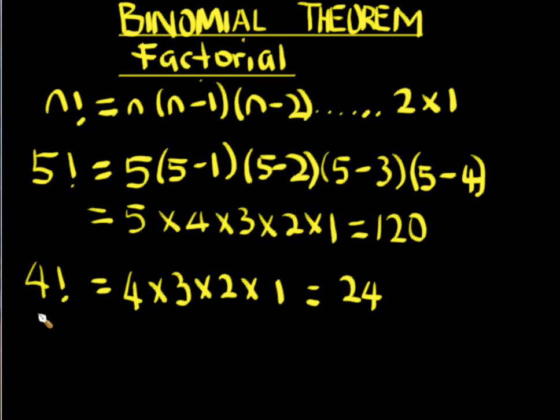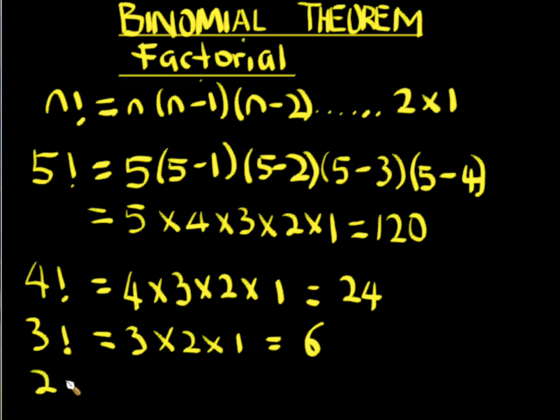The same rule applies to 3 factorial. So we start from 3 times 2 times 1, equal to 3 times 2 gives us 6, and 6 times 1 gives us the very same 6. Is that clear? Yes, it is.